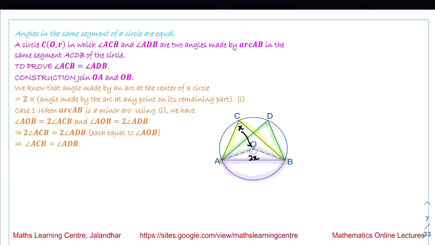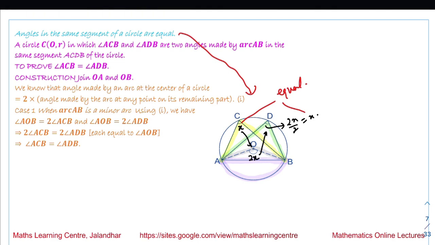Now if this angle is 2x, then this angle will be half of it, 2x by 2, that is equal to x. So both these angles are x and they are equal. And this is what we have to prove, that angles in the same segment of a circle are equal.